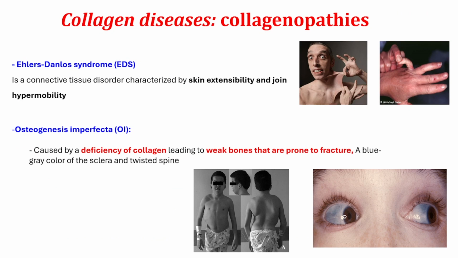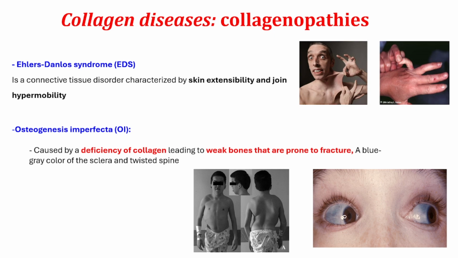Okay. Diseases. Always we need to talk about diseases. If there is a deficiency in collagen, we have diseases which we call collagenopathy. So I choose 2 examples. The first one is called Ehlers-Danlos syndrome. They are characterized by extensibility of their skin.